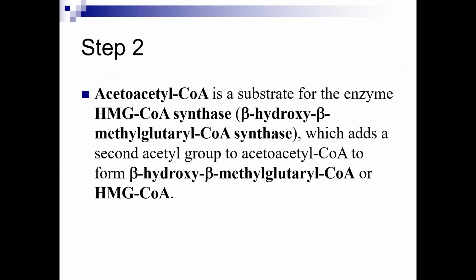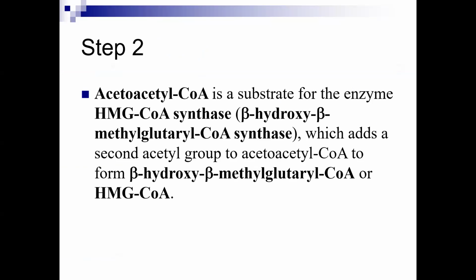All right. The next step, I was going to add another acetyl coenzyme A to this molecule here, the acetoacetyl coenzyme A. Now add yet another acetyl coenzyme A. You're also going to need a water to get this reaction to go.